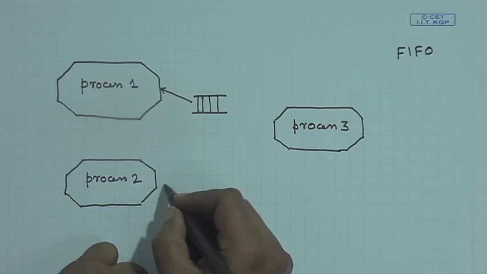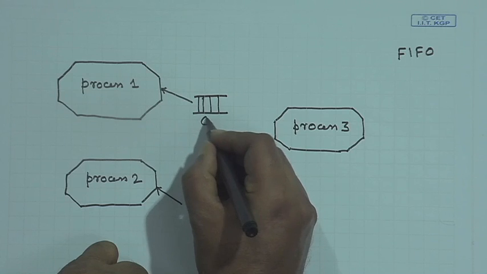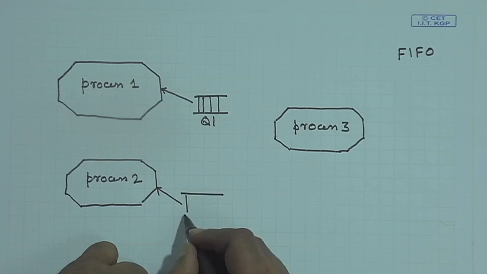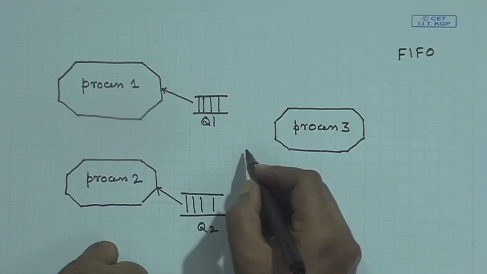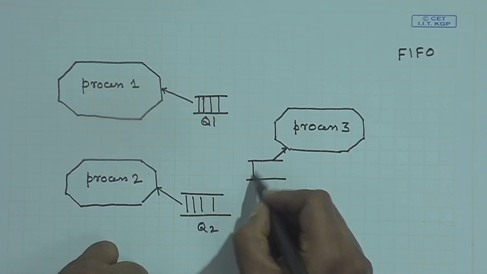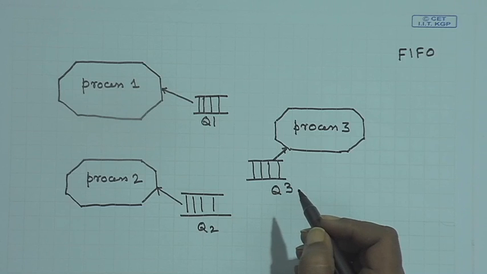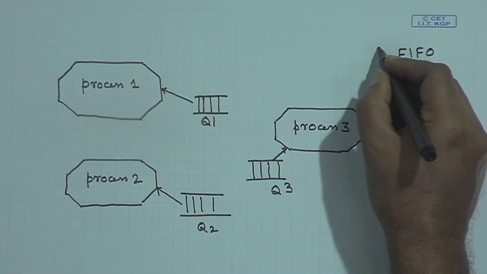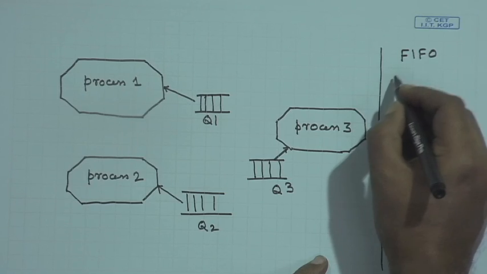For this process there is an input, let us call it Q 1, we will have another Q, let us call it Q 2, and for this one we will have another Q, Q 3. All right. Now, these FIFO queues are potentially infinite in length. That is the assumption.